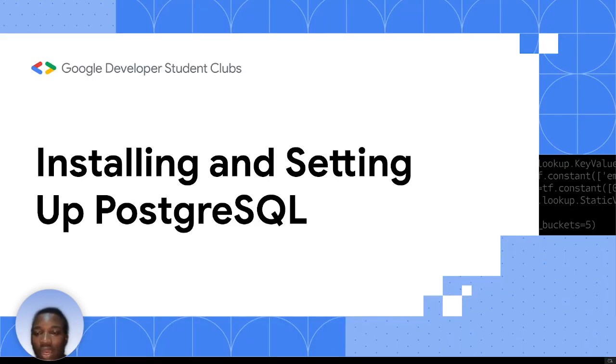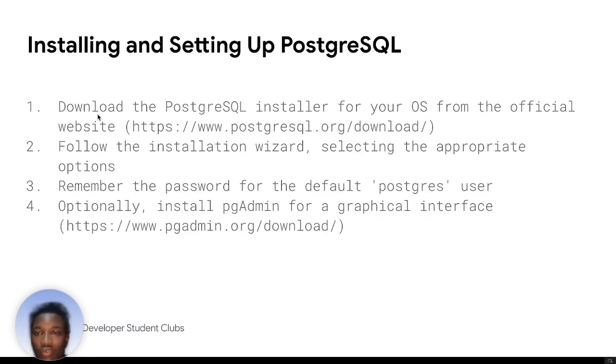And yeah, we'll talk about how we can install and set up Postgres. I think I already have it installed on my system, so I can't really show you exactly how to install it, but I'll show you through the link. You download the Postgres installer for your OS from the official website, which is postgresql.org/download.